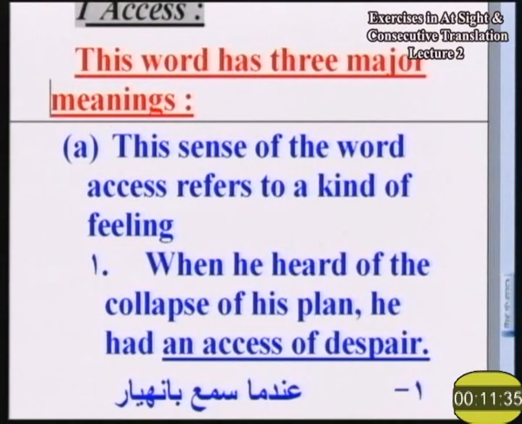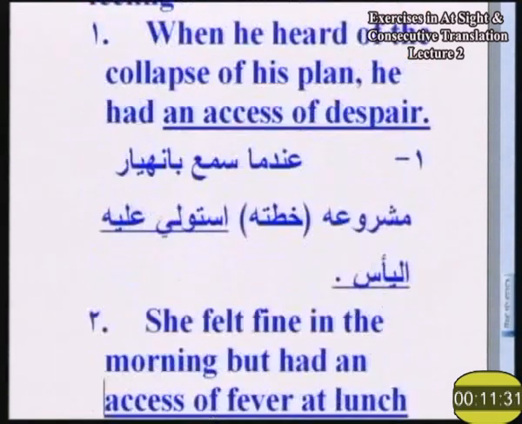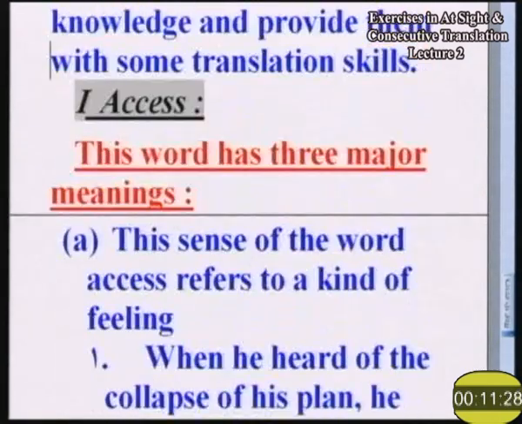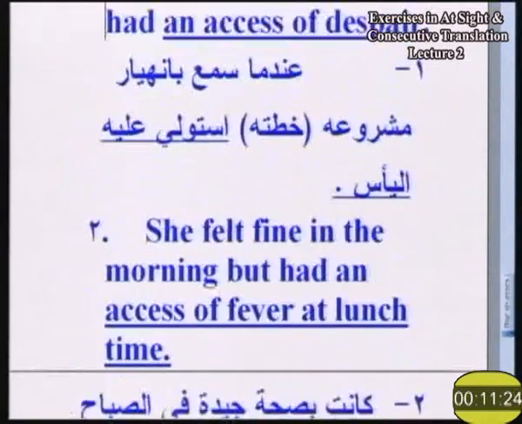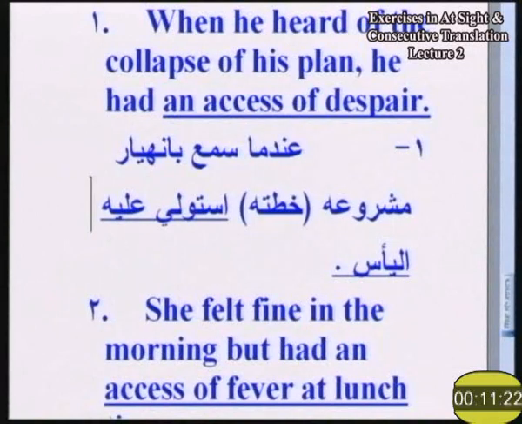Now let's have a look at and make a comparison of the 12 sentences we are talking about. We'll see that in most of the sentences we are using the verbal sentence in translation. Okay. عندما سمع بانهيار مشروعه.